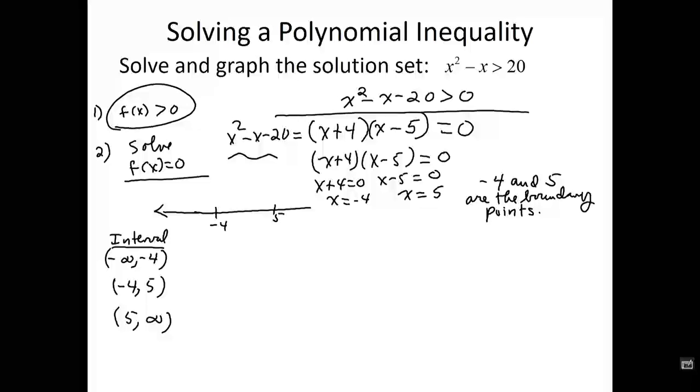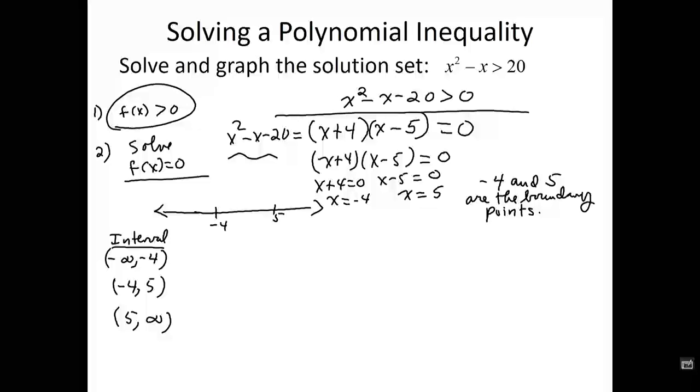So the boundary points divided the real number line into 3 intervals. Now what we want to do is to decide which interval will satisfy the original inequality.